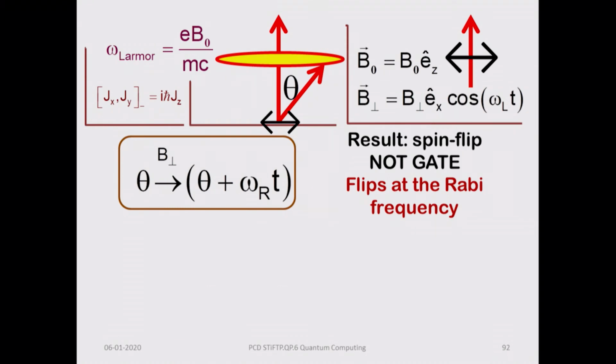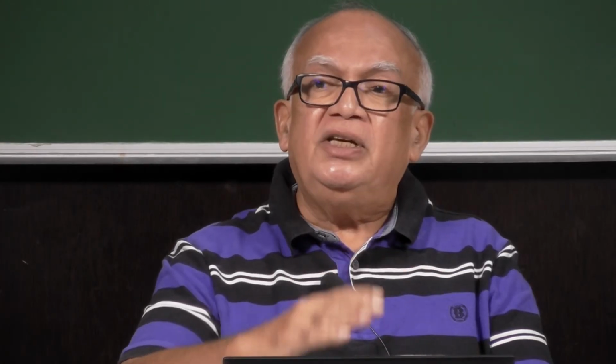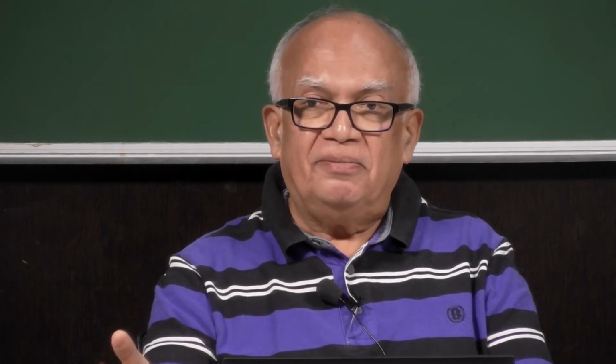So, theta will change to theta plus a certain angle, which will be the angular frequency multiplied by the time over which you apply this oscillatory field. And now you can control it, because how long do you want to apply it? You want to apply it as long as is required till theta changes to theta plus pi, right.